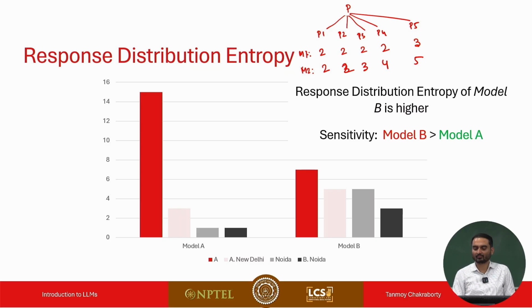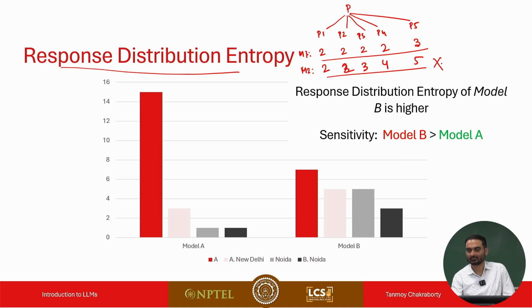Which one is more sensitive? Which one is more robust? Response distribution entropy says: why don't you compute the entropy of this sequence and that sequence? This is bad; this is still okay. The entropy of this sequence will be lower and the entropy of that sequence will be higher. If a model's response distribution entropy is higher, the model is more sensitive, which is bad.